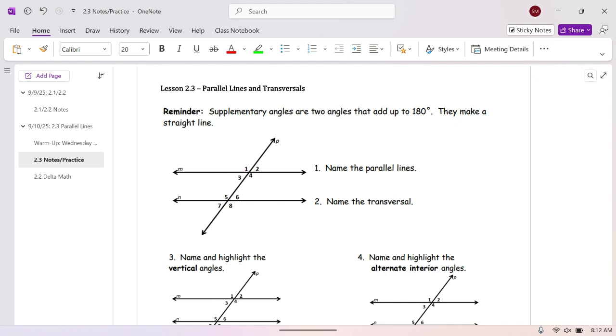This will come in handy when we get to our proof section of congruent triangles, as well as the proof part of parallel lines. So this unit is very theorem heavy. It's actually not a whole lot of quote unquote math in it per se. It's mostly theorems and being able to identify what theorems happen. So instead of a lot of calculating, it's more so can I identify what's going on and make a conclusion from it.